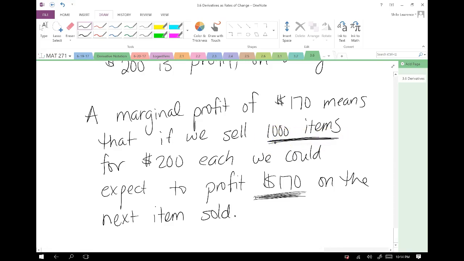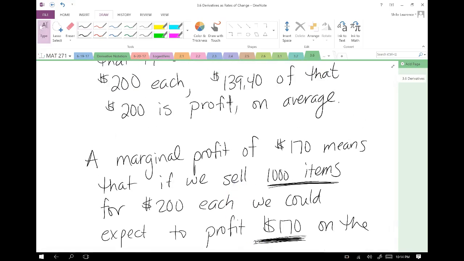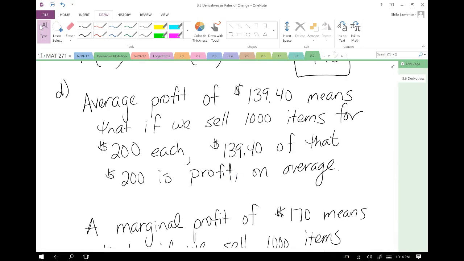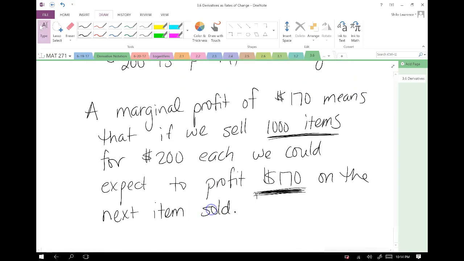So currently we're at 1,000. So on your 1,001st item, you should expect to profit $170 off of it. So that's the difference between average profit, where it's spread out over all of those 1,000 items, and marginal profit, which just means what do we expect to make on the next item.